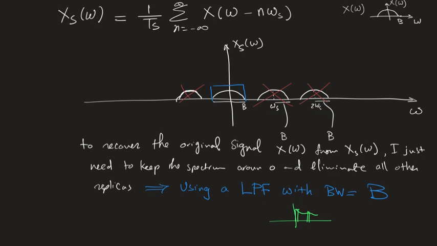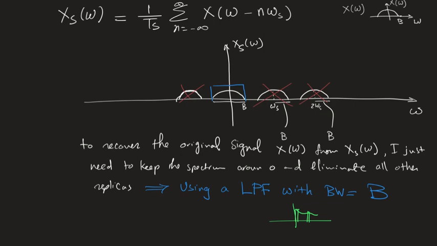So far we did not discuss the condition, right? Why did I say assume it looks like this? Because who said that when I move to omega s, that replica is not going to interfere with the one before it? I only assumed here that this is happening by drawing them, each one separated from the other, right? But it depends on the value of omega s.